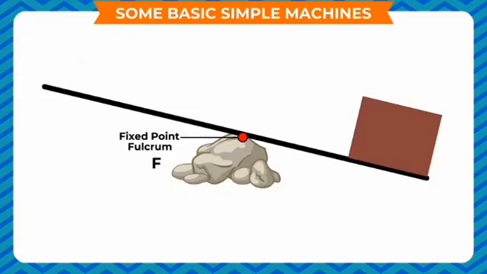The force that we apply on the lever at a fixed point is known as effort. It is represented by letter E. The weight that we move with the lever is known as the load. The load is represented by letter L. When the load is closer to the fulcrum, it is easy to move the load.